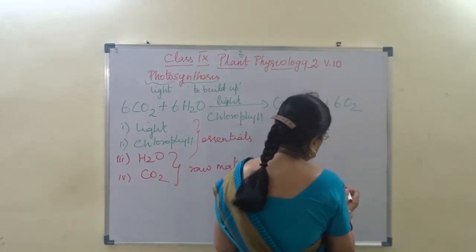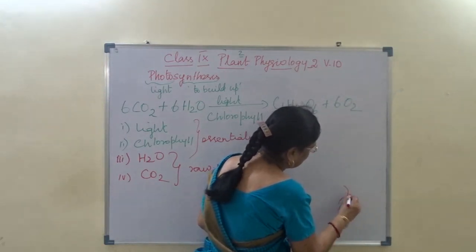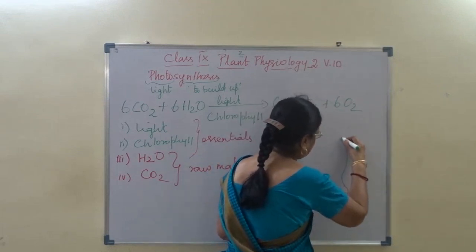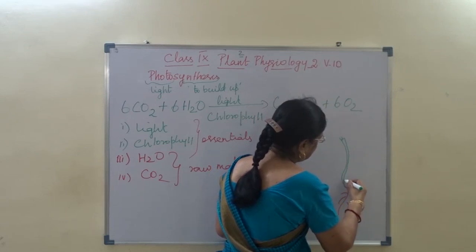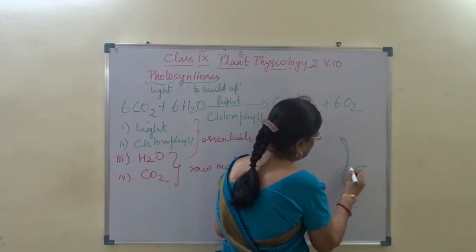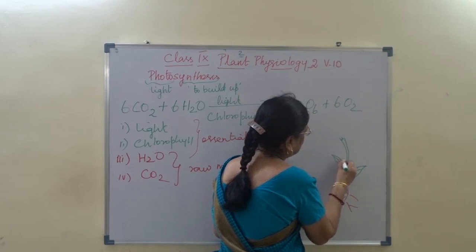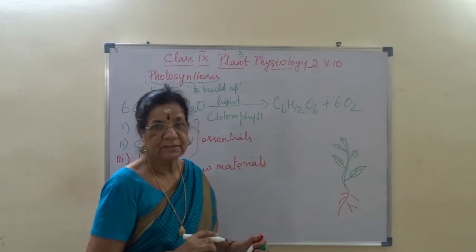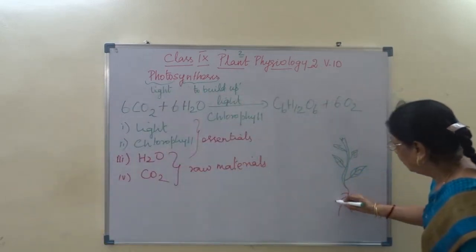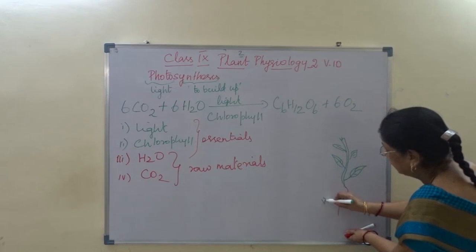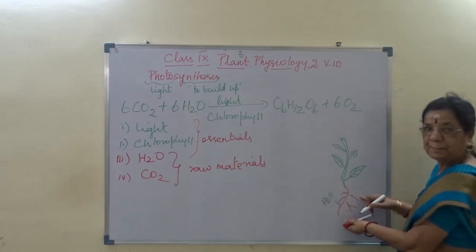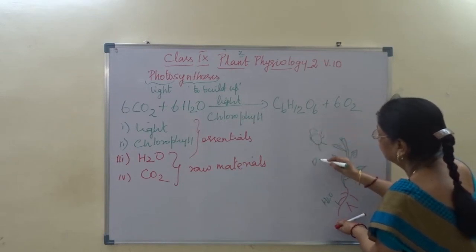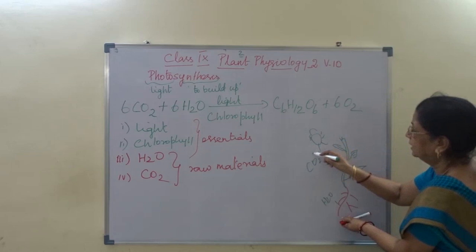Now this is a green plant. This is a leaf, you know. This is also a leaf. In the plant, water is absorbed by the root system. Carbon dioxide enters from the atmosphere.